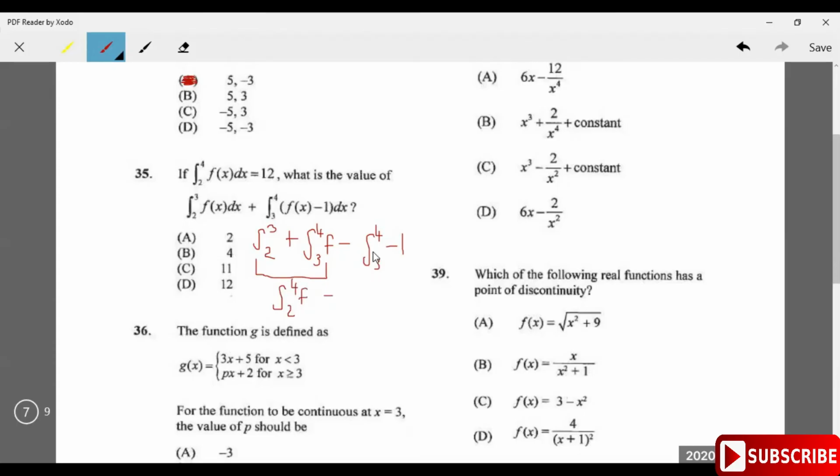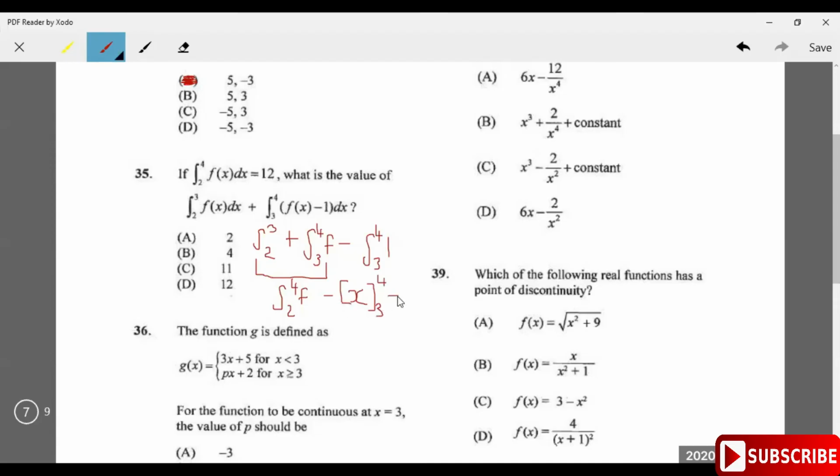Minus, now the integral, this should just be 1, at -1. Now the integral from 3 to 4 of 1 is, when we integrate 1, we get x. And so this is now x, and we're going from 3 to 4.